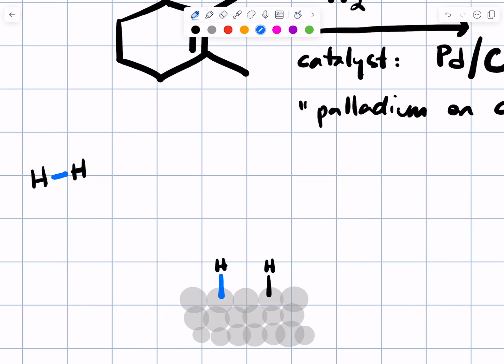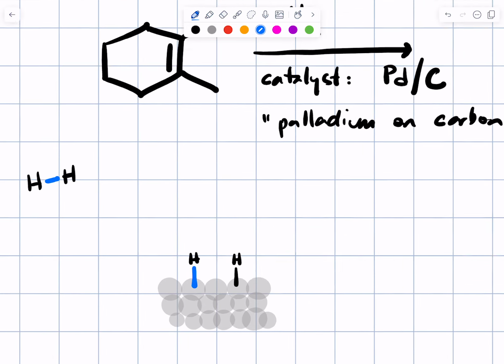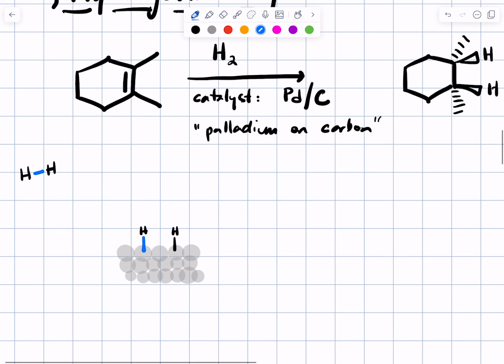That detail is not significant, but it may help you to follow along what's happening. The alkene sits down on the surface of the palladium metal. So I'm drawing this alkene as though it were sort of lowering down onto the surface of the palladium metal. And both hydrogens get added to the same face of that alkene. You can show that mechanism happening in this way.